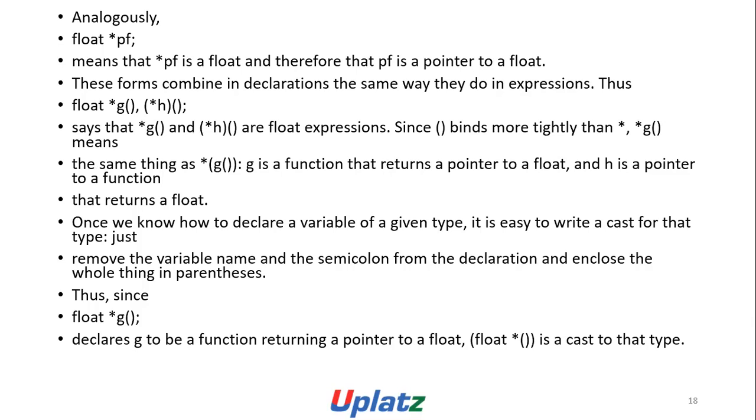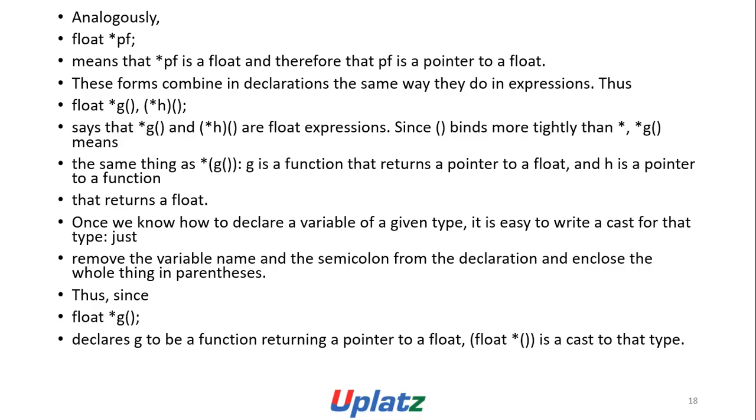Analogously, float *pf; means that *pf is a float, and therefore that pf is a pointer to a float. These forms combine in declarations the same way they do in expressions. float *g(), (*h)(); says that *g() and (*h)() are float expressions.